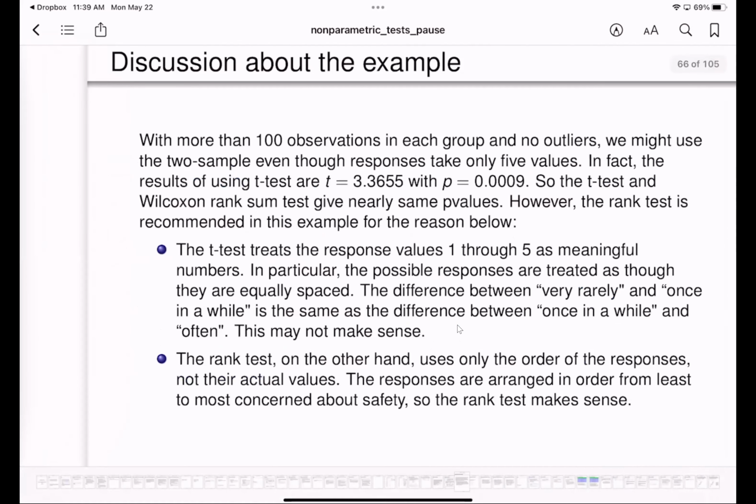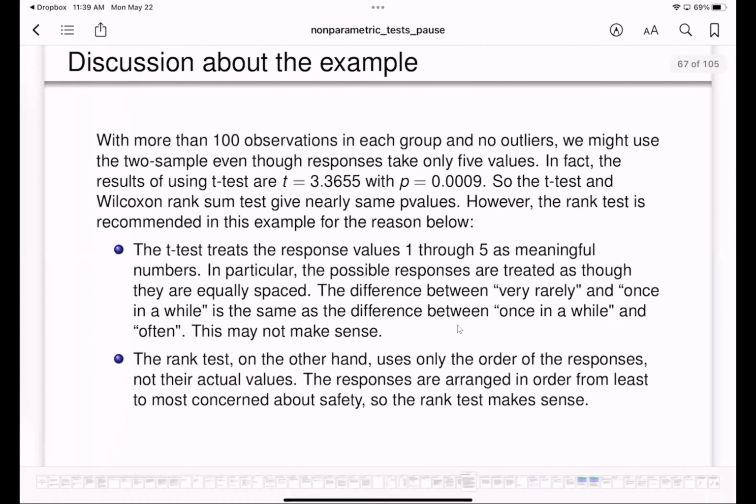Therefore, if you use the t-test, you are assuming 1 to 5 are meaningful even in computing distance. The rank tests do not have such assumptions. They just assume that categories like rarely, once in a while, and so on are ordered, and as long as they are ordered, we can rank them. So it is better to use the Wilcoxon rank sum test than the t-test.